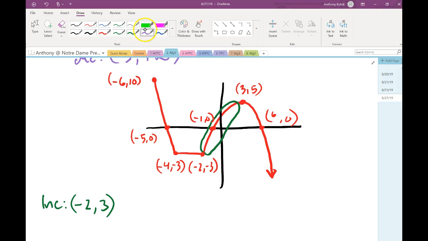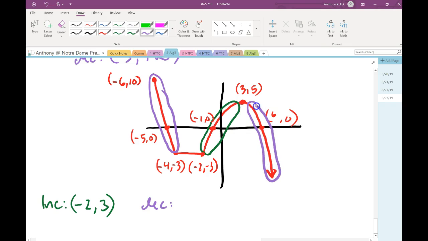Okay. How about decreasing? How many decreasing parts do you guys see? I see 2 as well. So I see 1 here, and then 1 here. So I'm going to need to use 2 intervals to describe those 2 parts. The first interval begins at -6 and ends at -4.